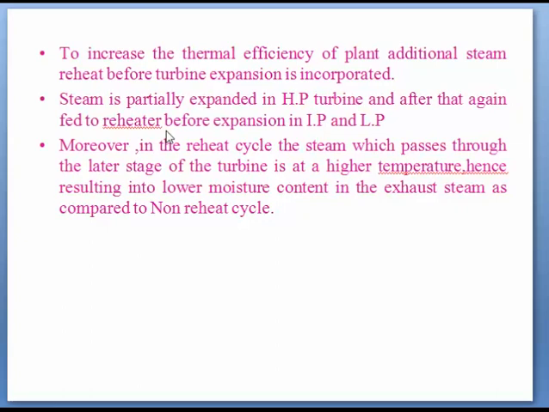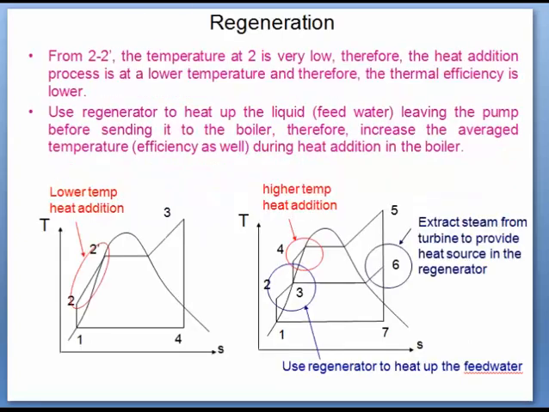Moreover, in the reheat cycle, the steam which passes through the latter stage of the turbine is at a higher temperature, hence resulting in lower moisture content in the exhaust steam as compared to the non-reheat cycle. So this is the advantage we are getting by adopting the reheat system in the Rankine cycle.